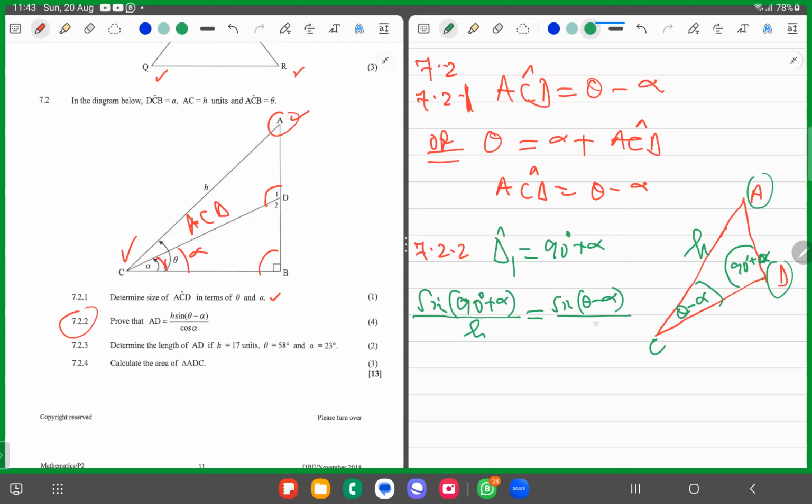We are looking at the triangle on the right of the page. So the sine of 90 degrees plus alpha over h is equal to the sine of theta minus alpha over AD. So cosine alpha, which is exactly the sine of AD.